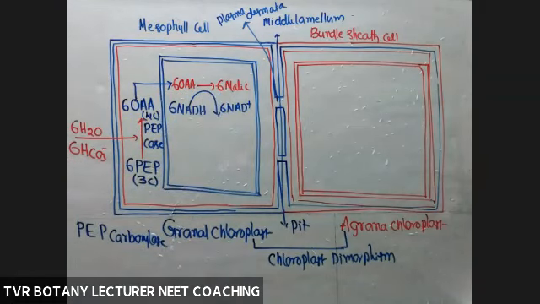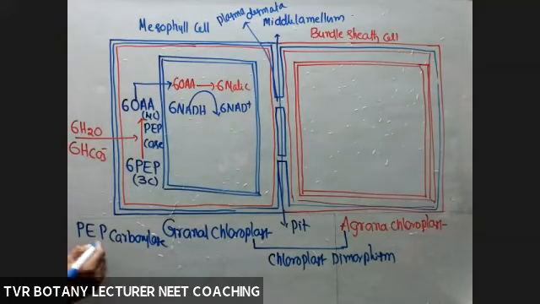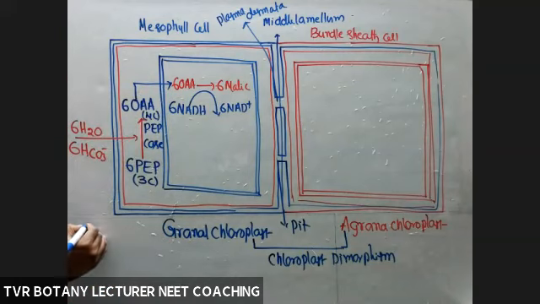Okay, right? So here OAA is either reduced or transaminated. Okay, wait. So take OAA. What about the fate of OAA? Oxaloacetic acid is now available within the stroma of the granal chloroplast.